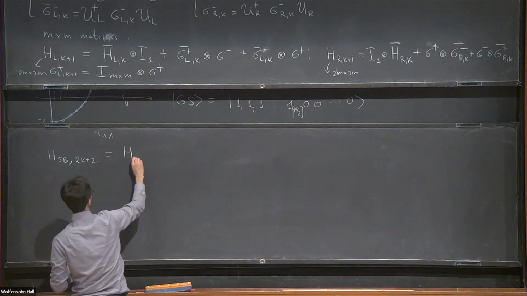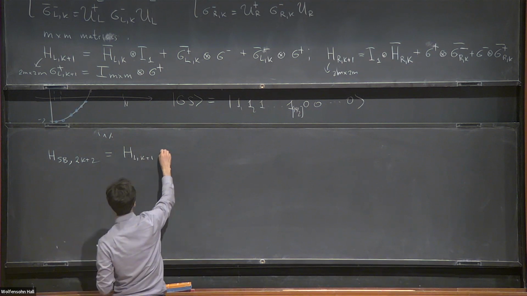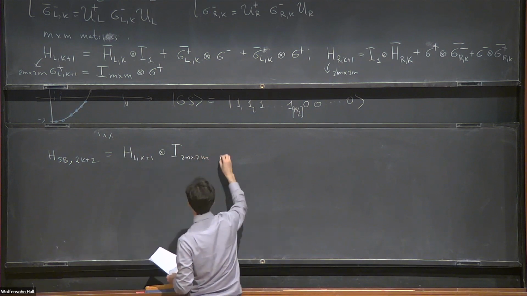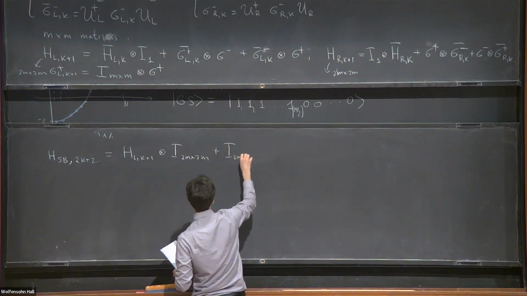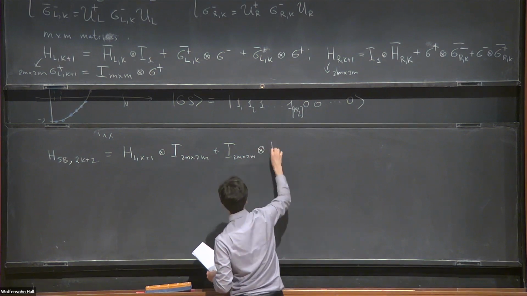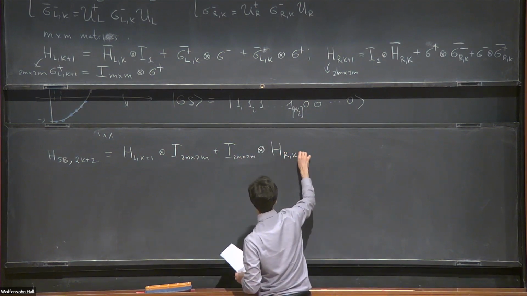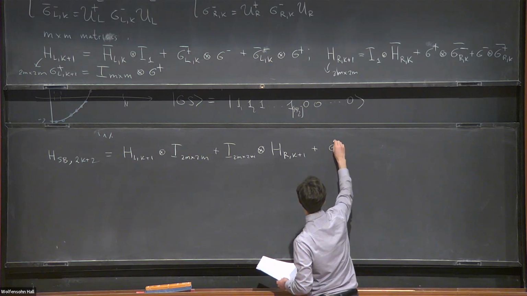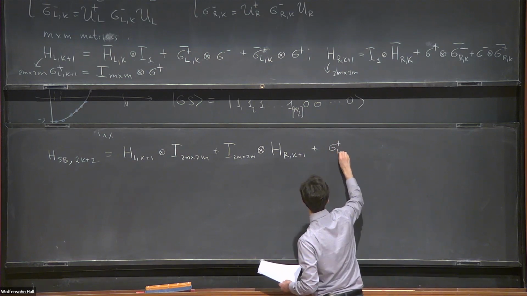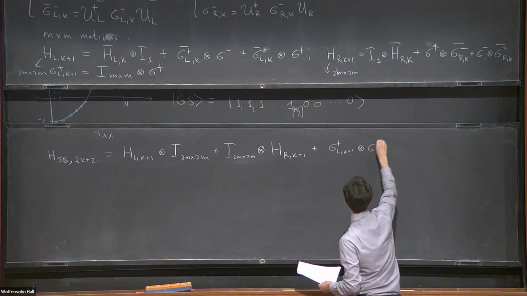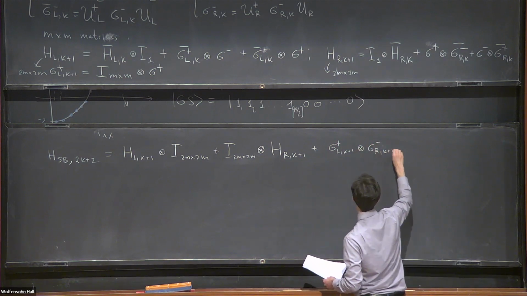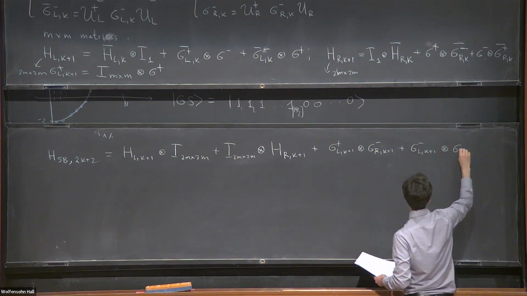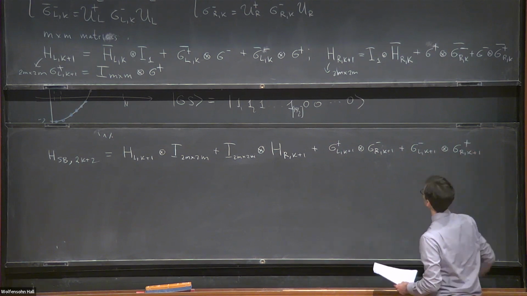It's going to be h left k plus 1, which I defined there, times identity of 2m cross 2m, plus identity m cross 2m, h right k plus 1, and a term which connects the left and right blocks, which would be sigma plus L. Right.